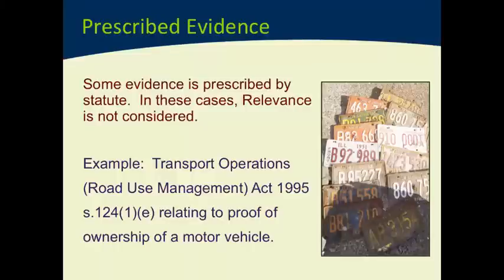The only question that matters is, has the prosecution brought the type of evidence that the statute prescribes to prove that particular type of fact? You'll find that prescribed evidence comes up more and more in modern legislation. The parliaments are starting to really get the hang of using prescribed evidence to say not just what the law is, but also how particular aspects of the law should be proven.